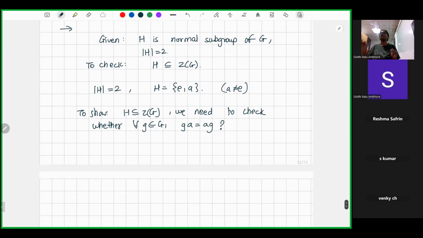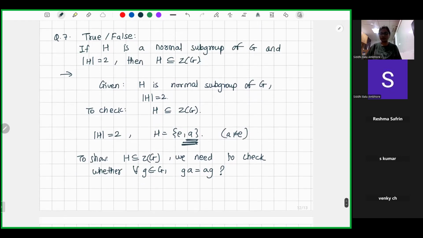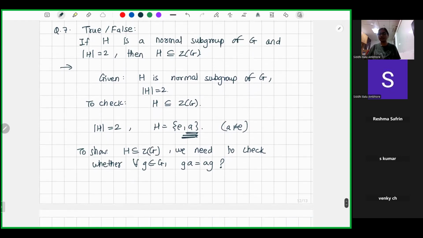We have to check this. For the identity it is not a problem. The only thing we need to check is whether this A gives me AG equal to GA for any element G from the group or not. And what is your guess? Will this always happen?